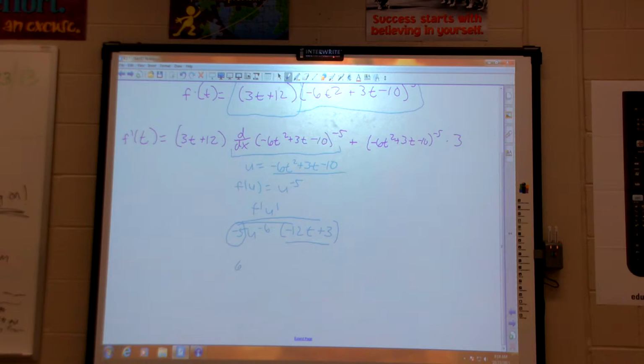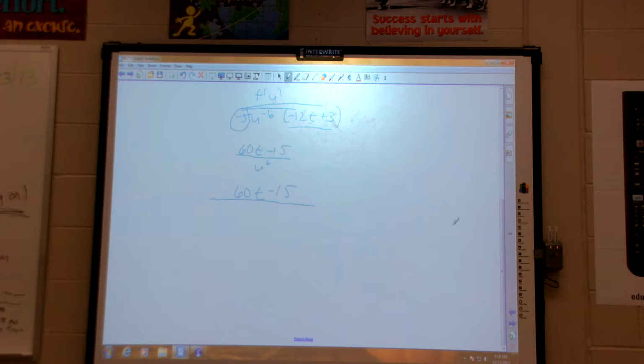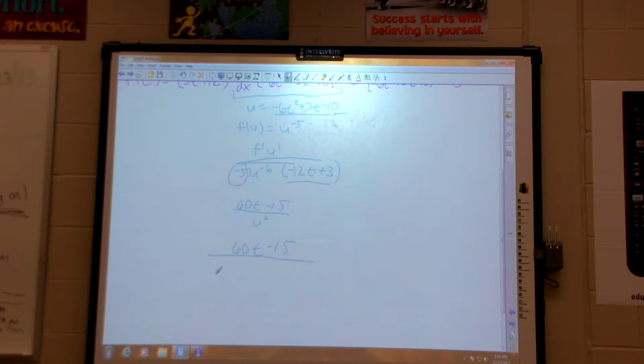That'll give me 60t minus 15 over u to the 6th, because those two stay up top, u goes down. Which is 60t minus 15 all over negative 6t squared plus 3t minus 10 to the 6th.